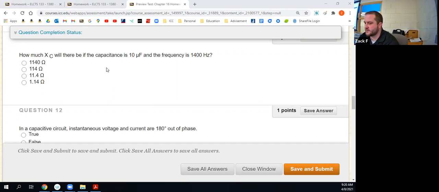What's the formula for capacitive reactance? One divided by 2 times pi.